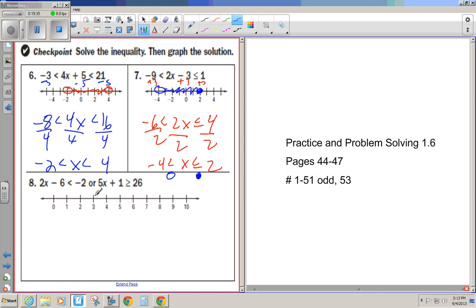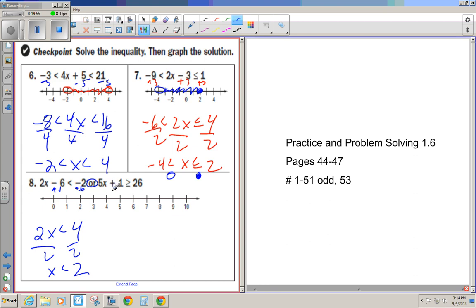Here's another compound one that's an OR statement, so it should be to the outsides of the inequality. We do equation number 1. Add 6. Divide by 2. X is less than 2.